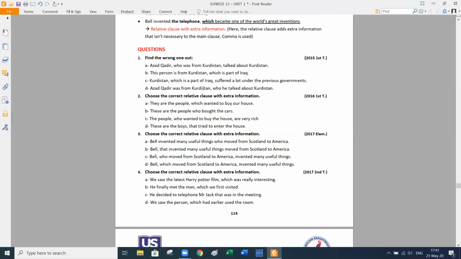So if we want to correct the sentence, we should say, Azad Kadir, comma, who talked about Kurdistan, without he, comma, was from Kurdistan. That will be grammatically correct. But this one here is grammatically false.